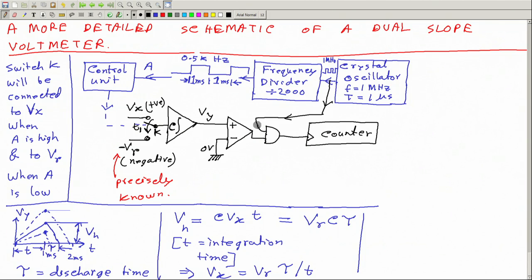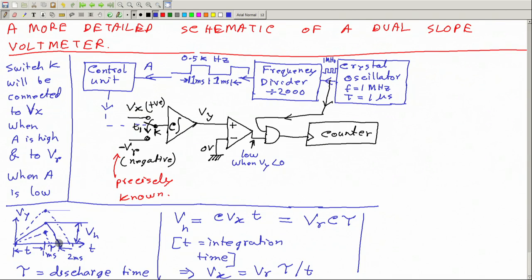Okay, so I actually have this comparator. What is the task of this comparator? When the value of Vy goes below 0, the output will become low. So this is low when Vy is less than 0.